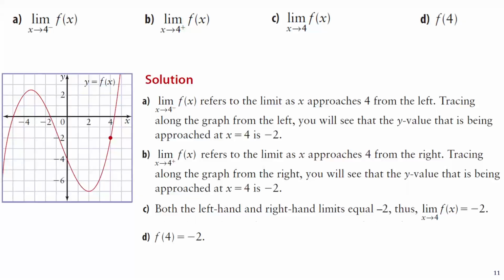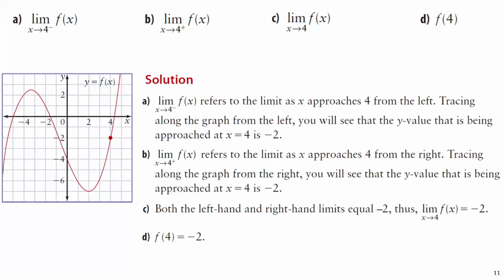And similarly, the limit of f(x) when x approaches 4 from the positive side is also negative 2. Because both the left-hand and right-hand limits equal negative 2, we can also say the limit of f(x) when x approaches 4 is negative 2, right? And the last one is the image when x equals 4. Of course, when x equals 4, you can observe f(4) equals negative 2, right?